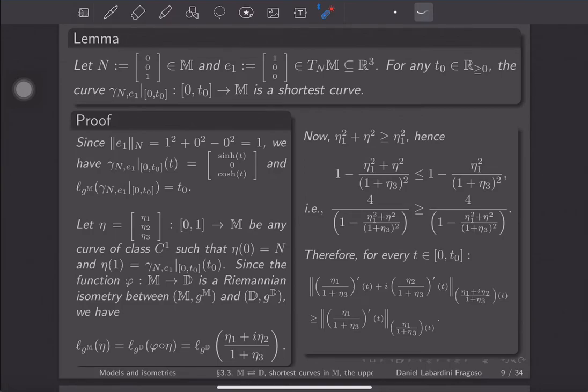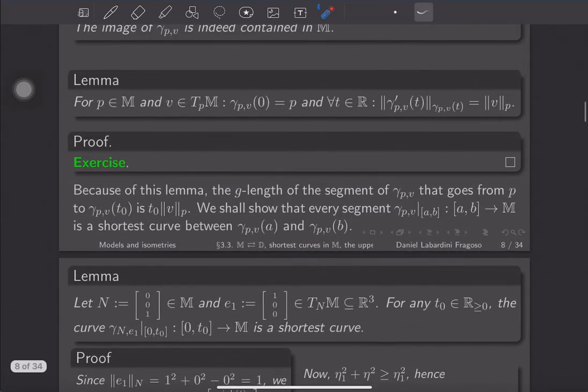And then the hyperbolic length of the segment from 0 to t0 is just t0. Why? Because by this lemma, the rapidity of the curve is constant, and this is equal to 1.